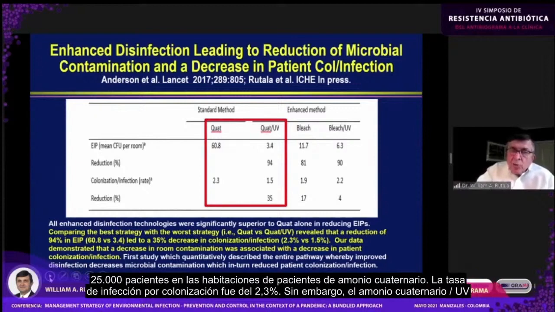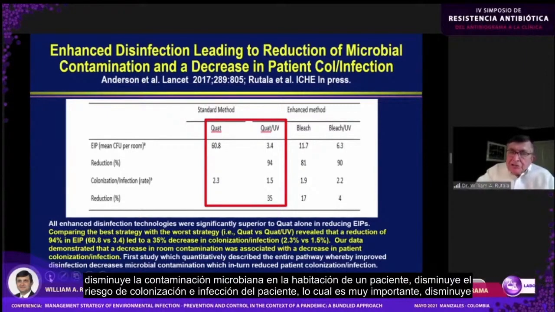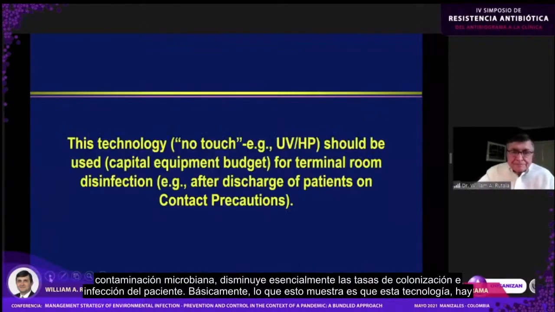However, in the quat UV patient rooms, the colonization infection rate was 1.5%. There was a 35% reduction. This essentially demonstrates that if you decrease the microbial contamination in a patient room, you decrease the risk of patient colonization and infection. That's very, very important. Decreasing microbial contamination decreases the patient colonization and infection rate.